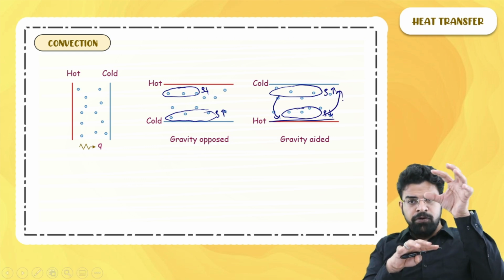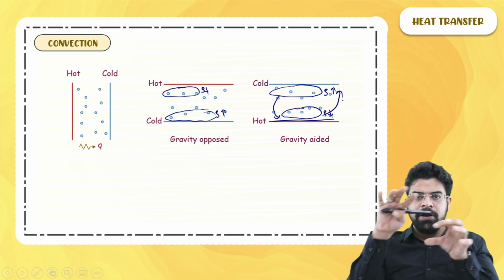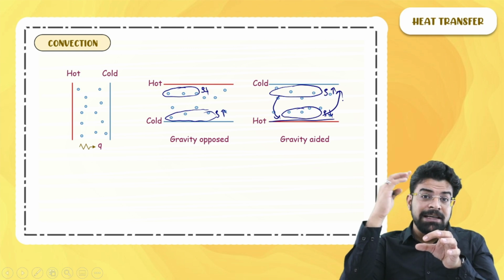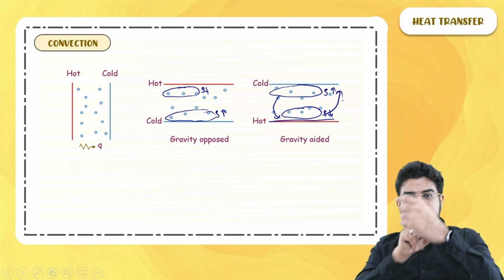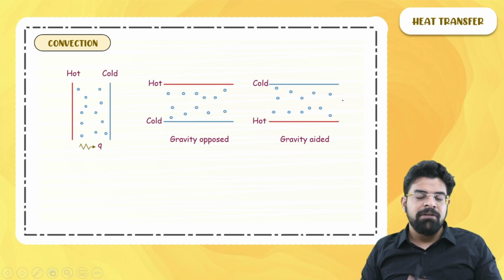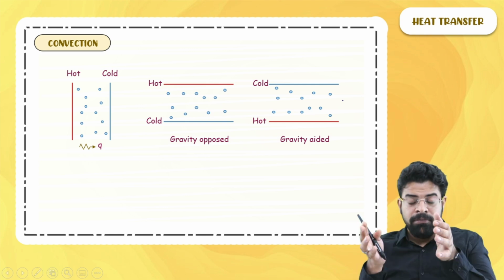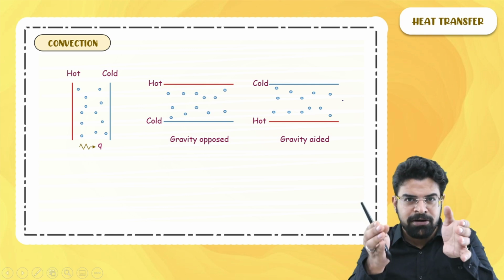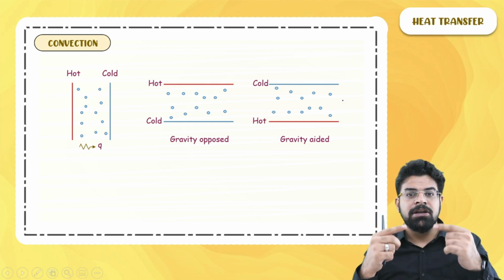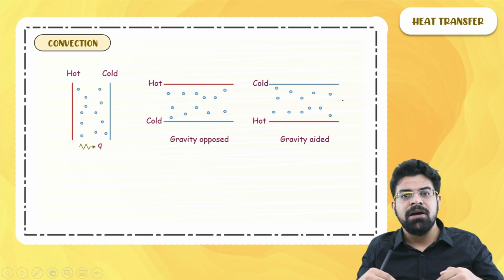Once the lighter, hotter fluid moves up, it transfers the heat to the cold plate. Its temperature decreases, it becomes dense, and again these circulatory currents are formed. And this is common sense. When we cook food in our home, we keep the pressure cooker over the burner, not under it, because gravity aids convection, that is heat transfer in the upward direction.